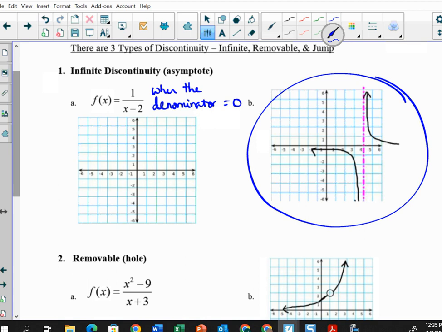So for part A here, that equation, where would our asymptote be? At 2. So you would say infinite, or you can say asymptote at x equals 2. Usually you name the type of discontinuity and the location of the discontinuity.